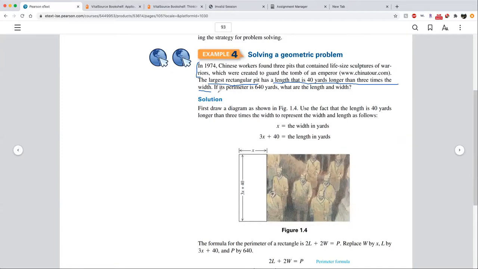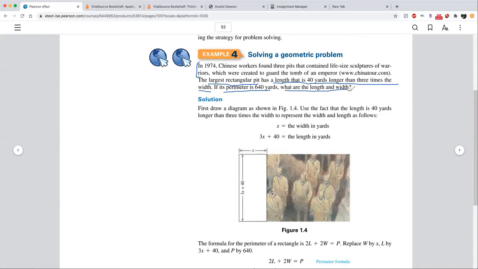And if its perimeter is 640 yards, how can you find the perimeter? Perimeter is nothing but 2 times length plus 2 times width, right? So we got the information about the length and width. Here's the question: what are the length and width?